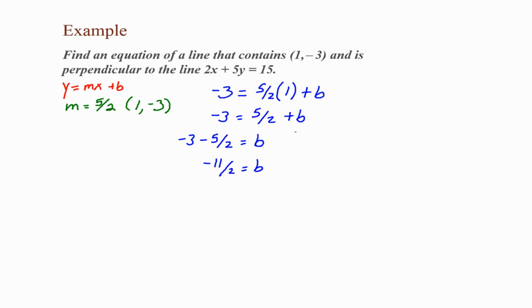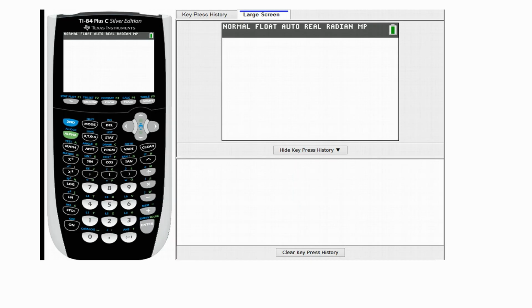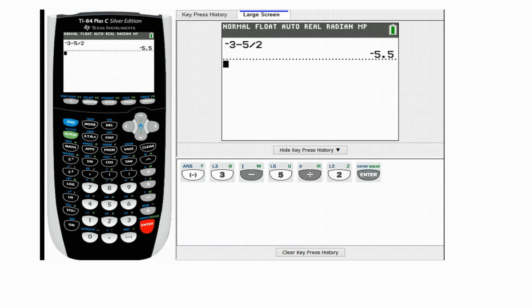If you're not confident on subtracting fractions, you can use your graphing calculator to find -11/2. So we need to figure out what -3 minus 5/2 equals. So I'm going to type in -3 minus 5 divided by 2 and press enter. And I get a decimal. Let's say I want that decimal to be a fraction.